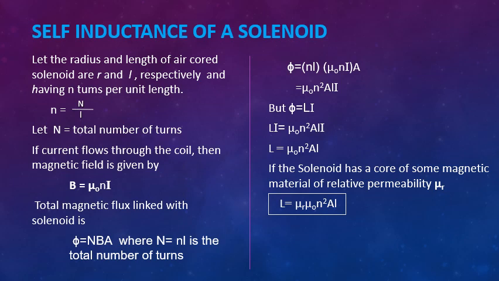If current I flows through the solenoid, then the magnetic field is given by B is equal to mu naught n i, where n is the number of turns per unit length. The total magnetic flux linked with the solenoid is phi is equal to N into B A, where N is nothing but the total number of turns, that is capital N is equal to small n into l.